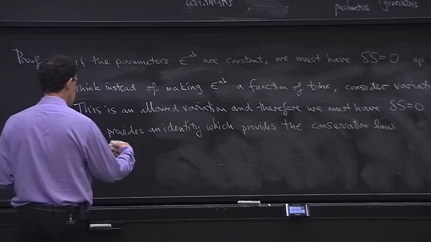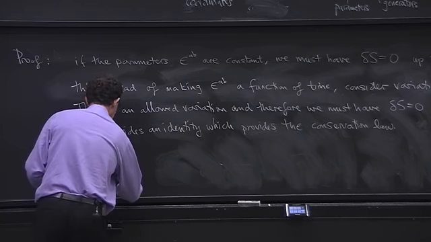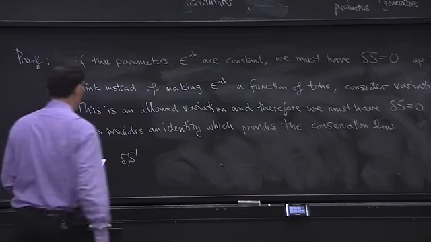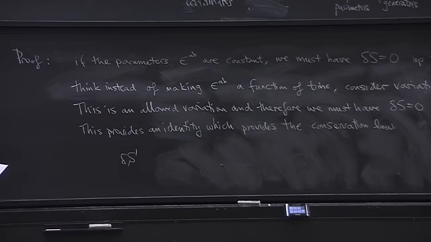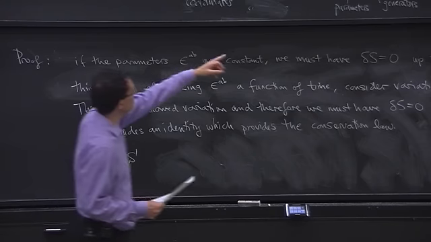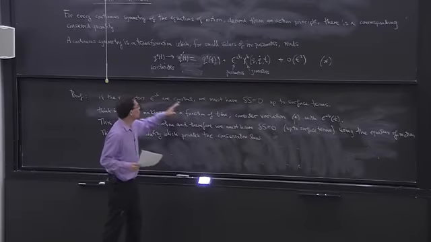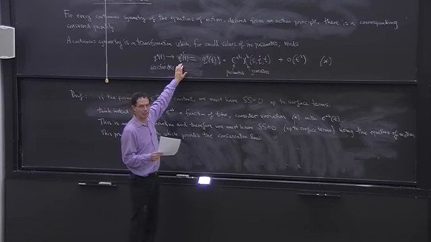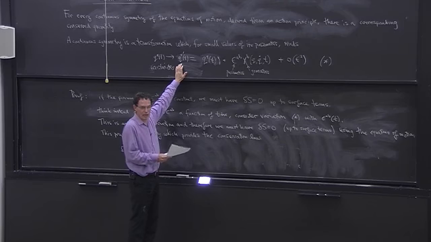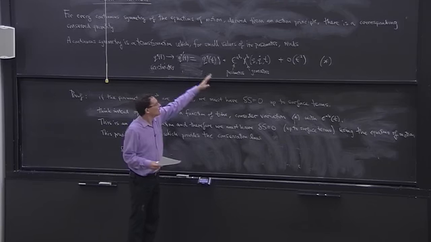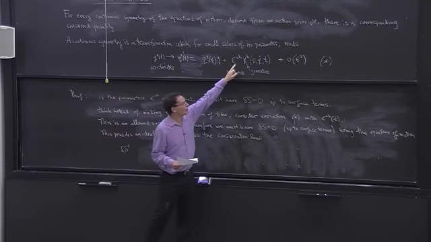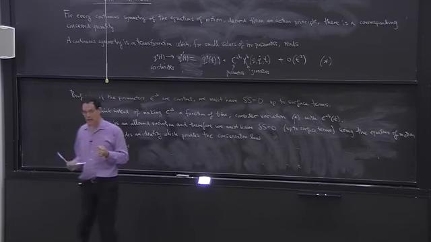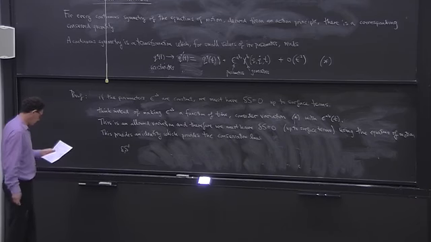So let's write it out a little more explicitly. If I consider my action and substitute in this variation, so all I do is take my S, replace Q by Q prime, that by definition is S prime, plug this in, work out the first order correction to the action, first order in epsilon.